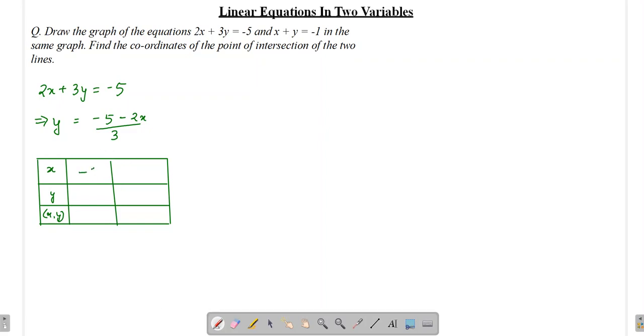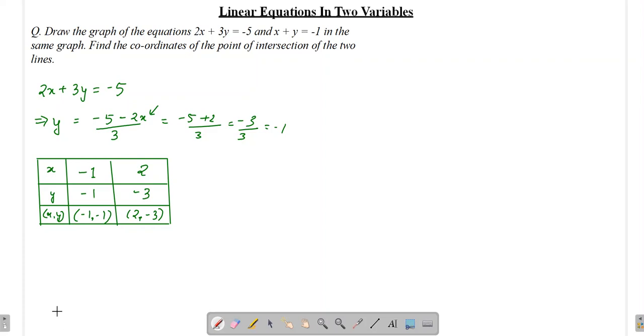If you take x as -1 over here, it becomes -5 plus 2 by 3, that is -3 by 3, that is -1. So it is -1 comma -1. In the same way, if I substitute x as 2, you can do the calculation, we will get the value of y as -3. So the second ordered pair will be 2 comma -3.